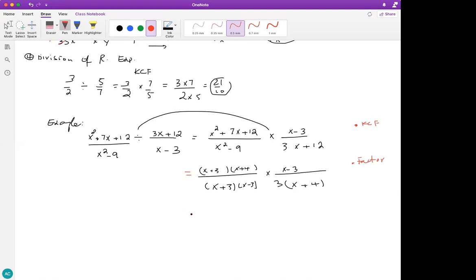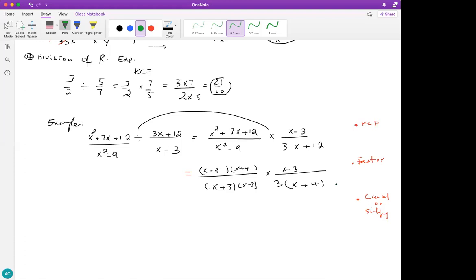What do you do now? Simplify. That's right, cancel or simplify. Cancel out the common terms. So anything from the top against anything from the bottom will cancel out.